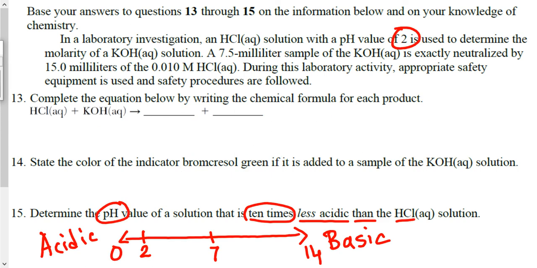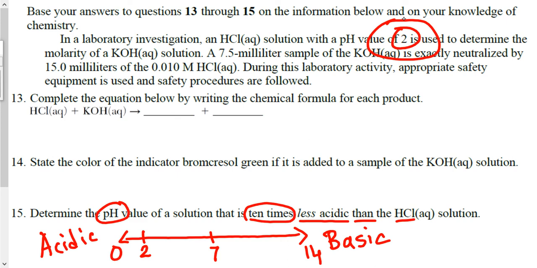For question number 15, we have to identify the pH of a solution that is 10 times less acidic than the hydrochloric acid solution. First we need to know the pH value of the hydrochloric acid, which happens to be 2 based on the question. We can see it right here. That means we are looking for a solution that is less acidic.